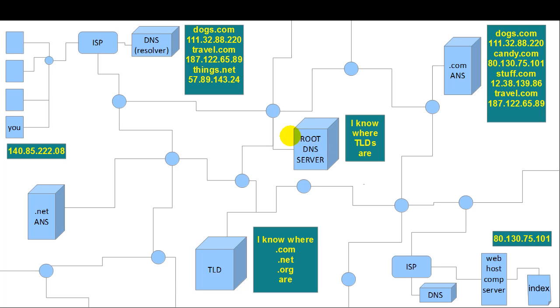So basically, the request comes to the root DNS server, and it says, I'm looking for candy.com. And the root server says, well, you know what? My only job is really to send you to top-level domain name servers. Now, what are those? There's lots of these around the internet, and what they do is they keep track of where the .com people are, where the .net people are, where the .org people are.